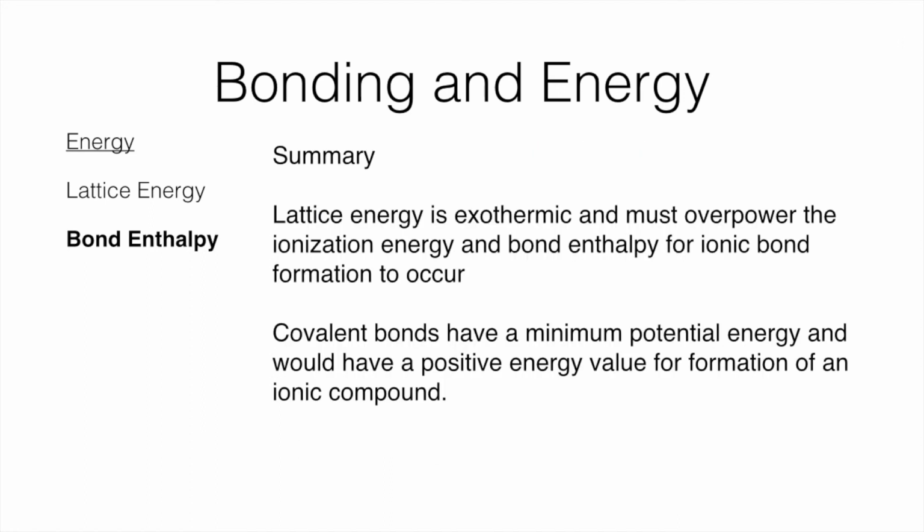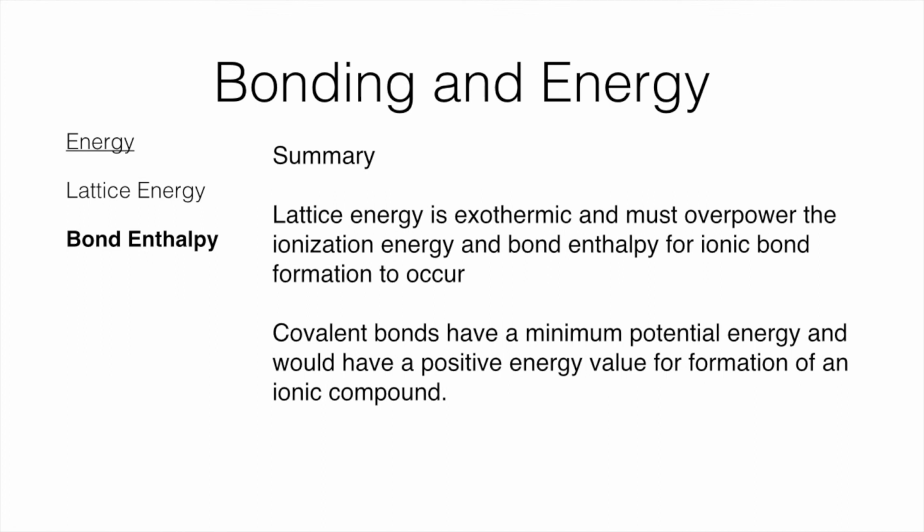So to sum everything up, lattice energy is exothermic, and that must overshadow the ionization energy and bond enthalpy in order for the ionic bond formation to occur. That's one of the key ideas here. So you should be able to recognize the sign of delta H for each individual step.